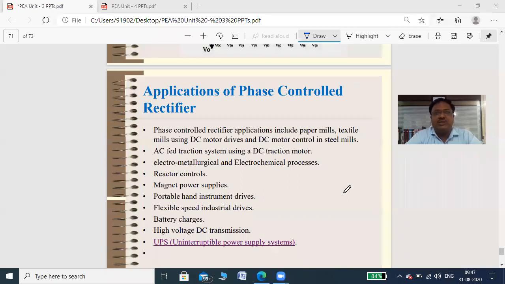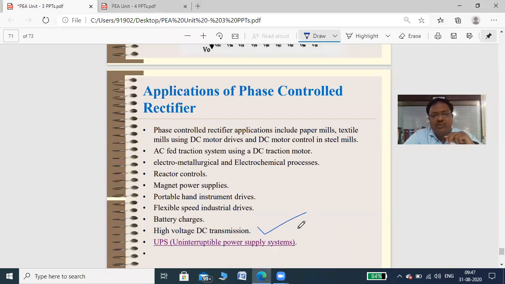Even the losses are very low, almost zero in a DC transmission. So DC transmission is more useful than AC transmission because of the smaller number of wires required. And the second one is less energy losses, right? So that's why DC transmission is required.